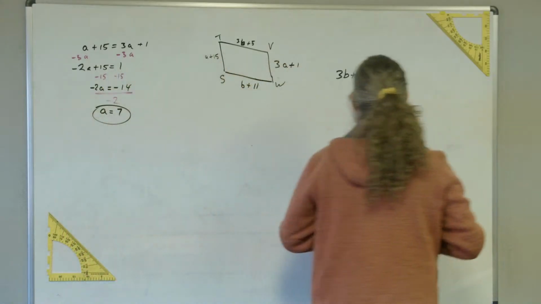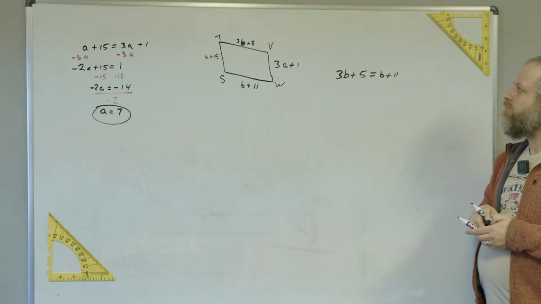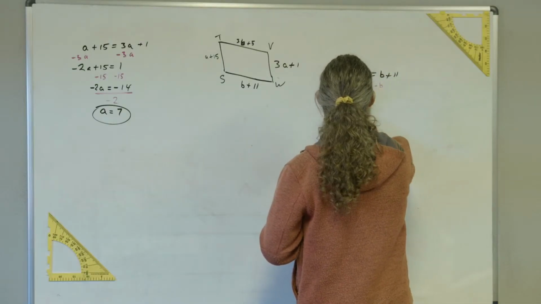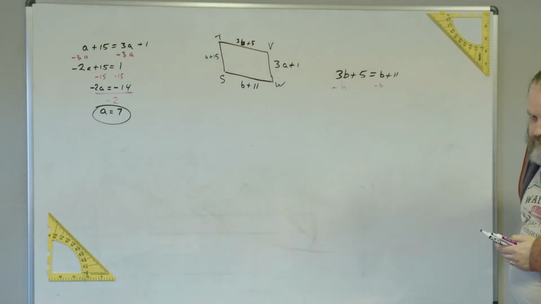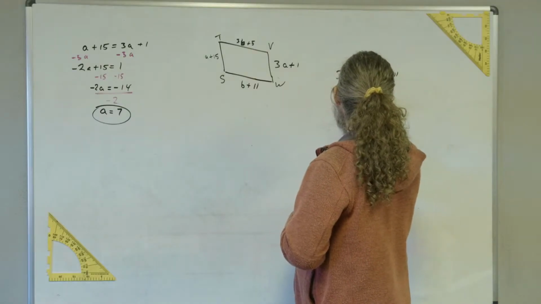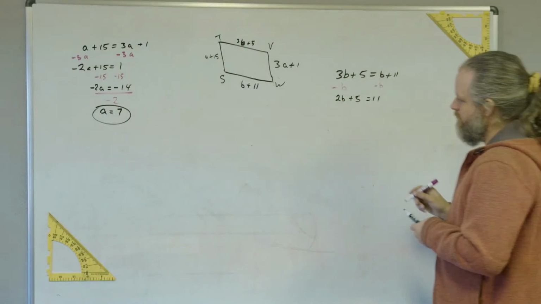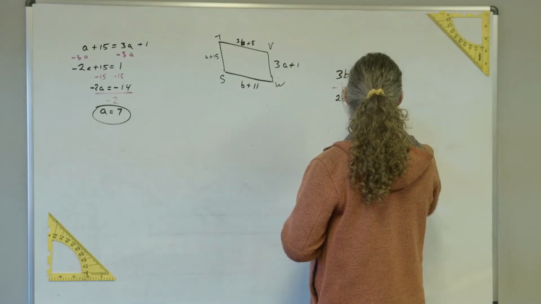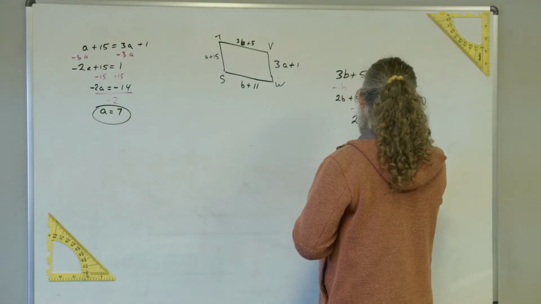What about over here? What's 3b minus b? Now what? Subtract the 5. And what's 11 minus 5?